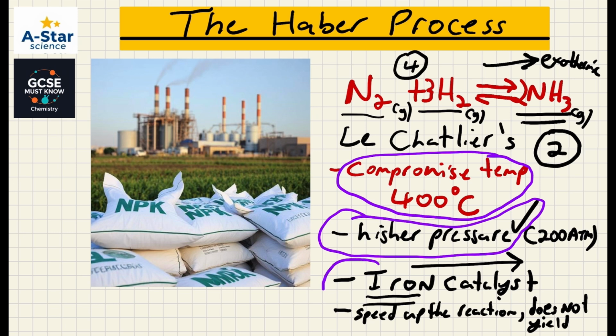And we also maximize the reaction by using a catalyst. In this case, we're going to use an iron catalyst. This speeds up the reaction, but does not affect the equilibrium yield. In other words, you're going to make the same amount, you're just going to make it in a quicker time. So this is the Haber process, a really important reaction that you need to understand that links to Le Chatelier's principle.